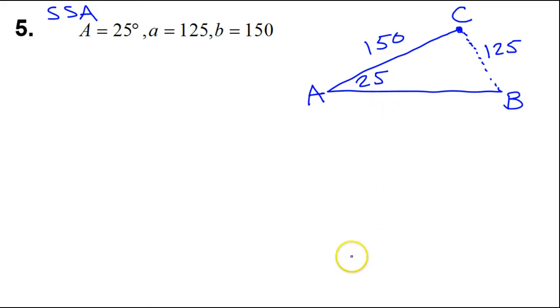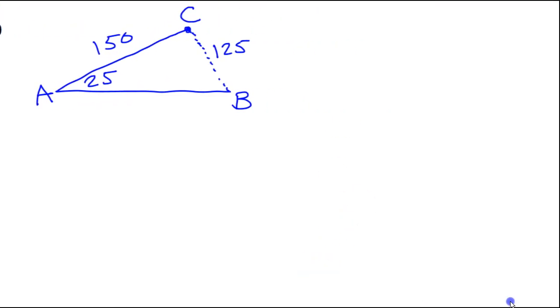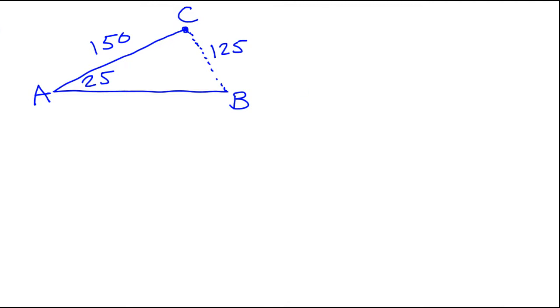So before we do anything else, let's decide whether this would make a triangle at all before I waste any time solving anything. Here's how I can tell if it'll make a triangle at all. Let's consider the height of this triangle. I'm going to call it h. We can calculate this using the sine function.